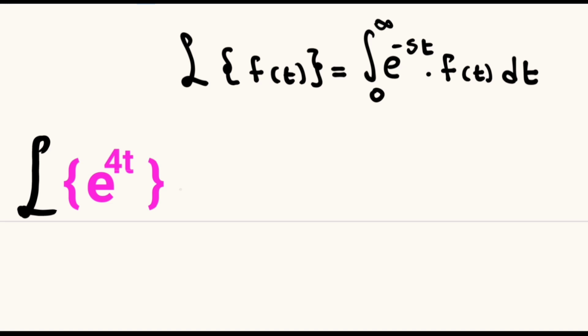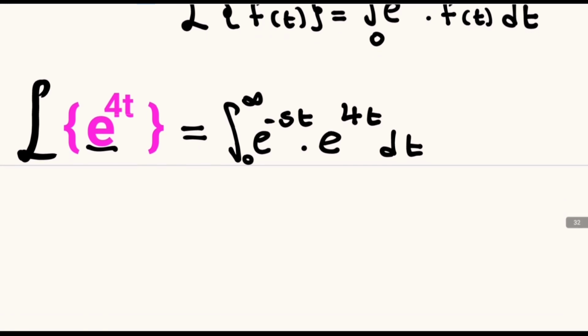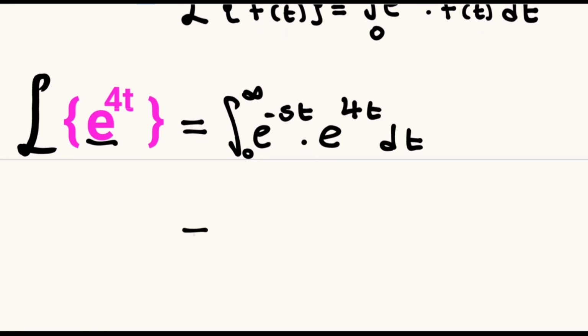And in our case, this will be equal to the integral of e raised to the power negative st multiplied by the f of t, which is e raised to the power 4t, and we are integrating with respect to t from 0 to infinity. So let's first simplify before we can integrate.